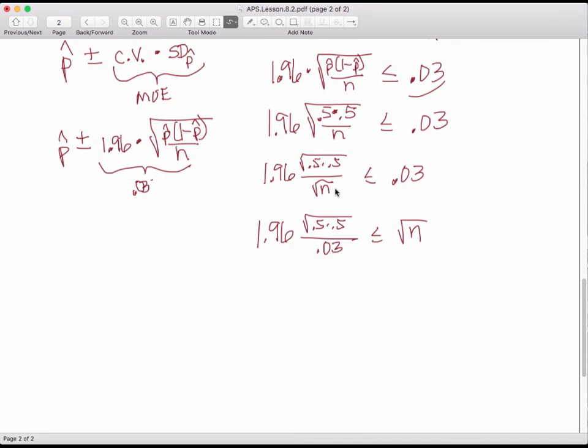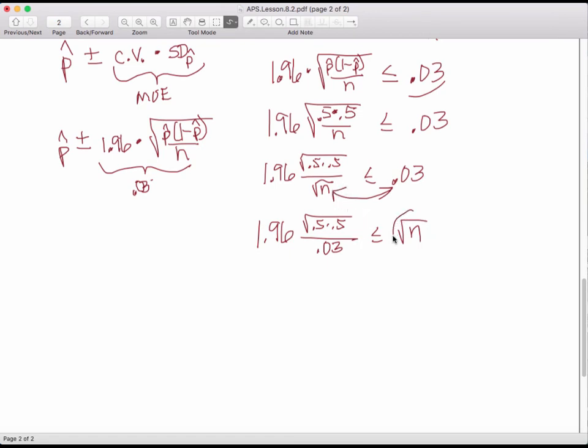Now it looks like I just swapped these two things with each other. But really, I did two algebraic steps. I multiplied both sides by the square root of n, and at the same time divided both sides by 0.03. So it's what I would call the switcheroo shortcut.